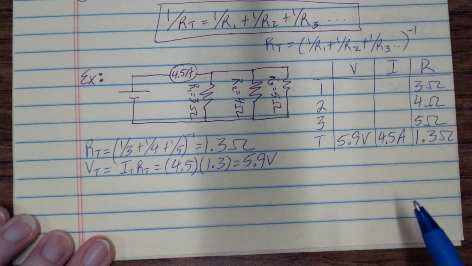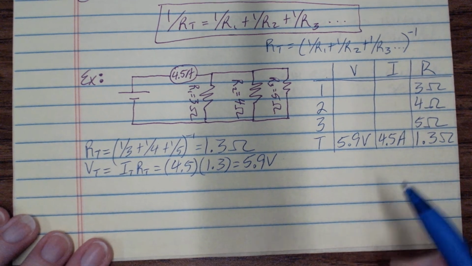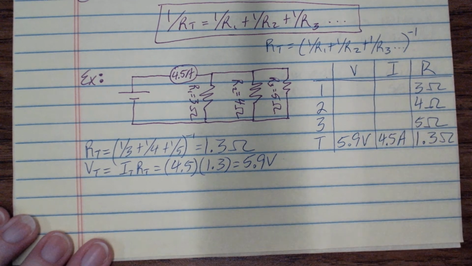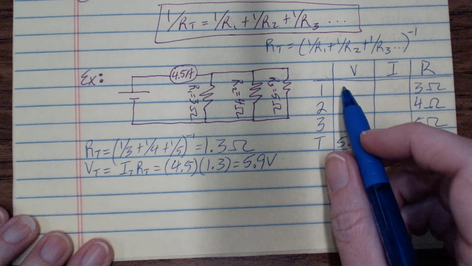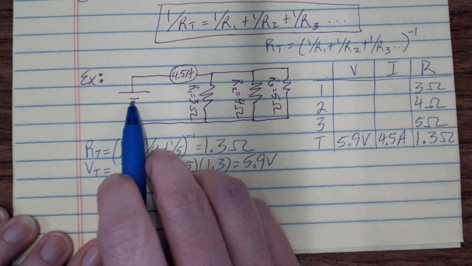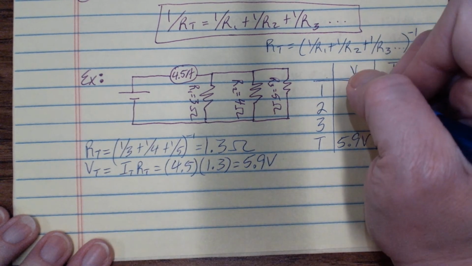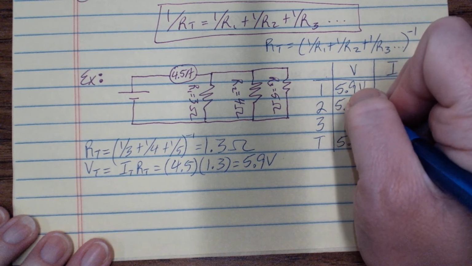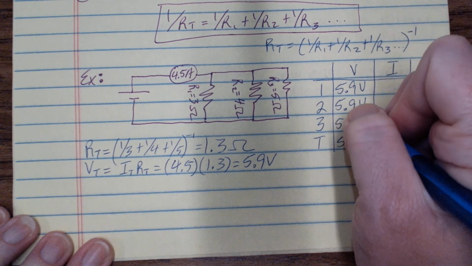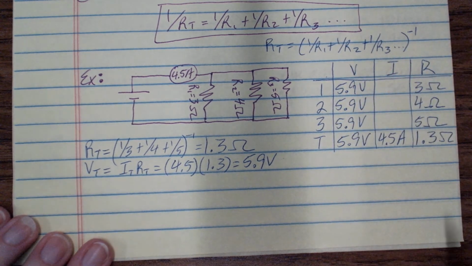Okay, now for a parallel circuit, they will all have the exact same voltage. So if the battery is 5.9, then everything that's in parallel with the battery is also 5.9 volts. So then I just have the currents left over, okay?